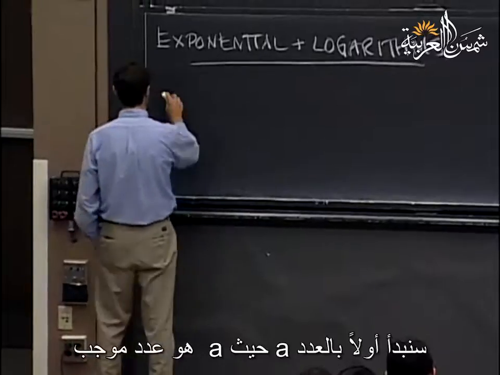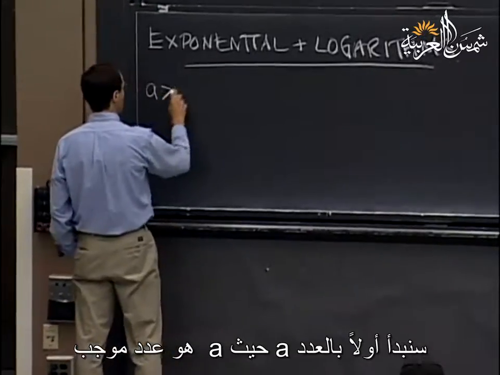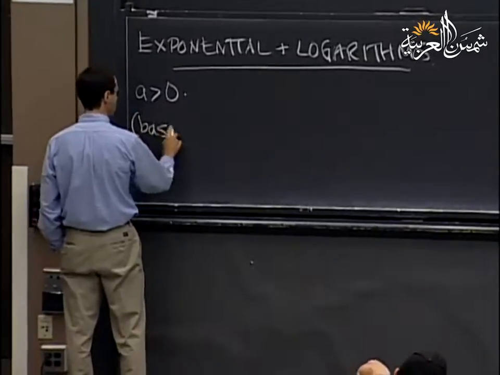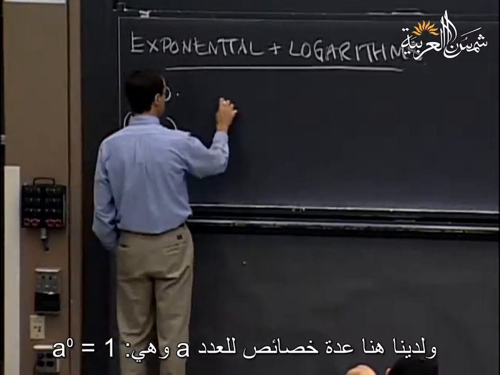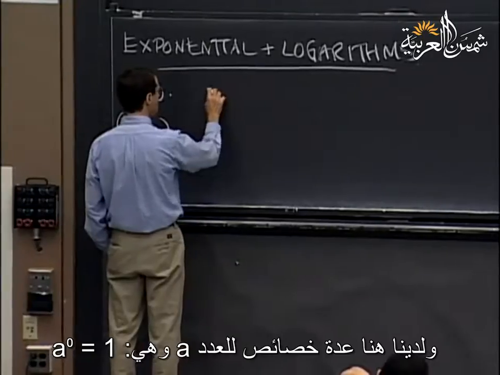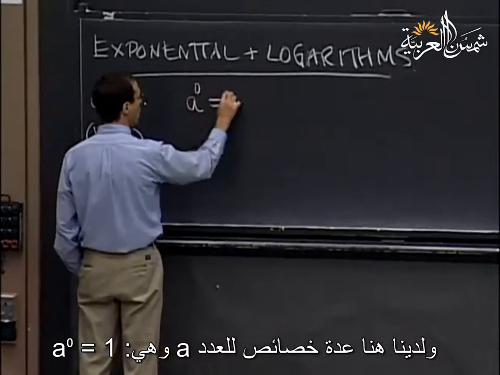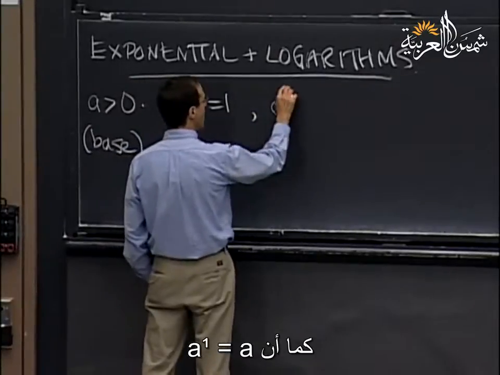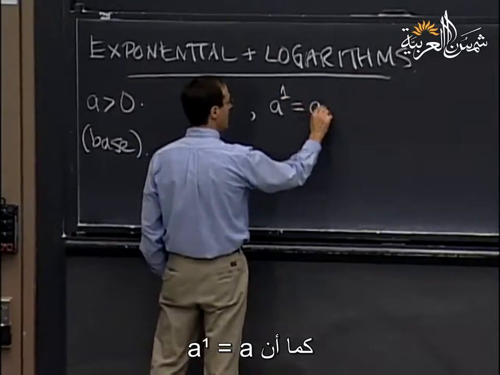So first of all, we'll start out with a number a which is positive, which is usually called a base. And then we have these properties that a to the power 0 is 1. That's how we get started. And a to the power 1 is a.